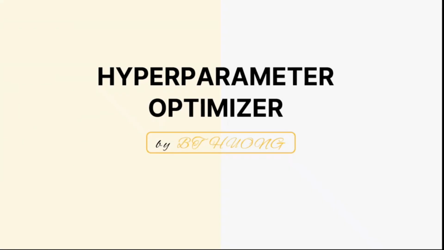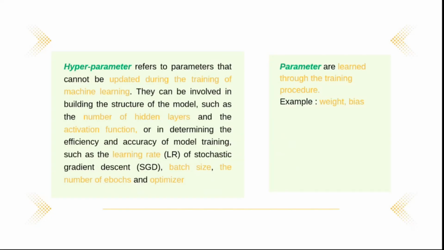And to design for higher performance, I have optimized the hyperparameters. A hyperparameter refers to a parameter that cannot be updated during the training of machine learning.